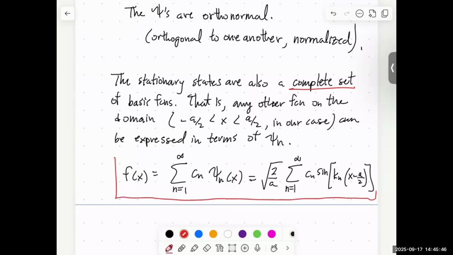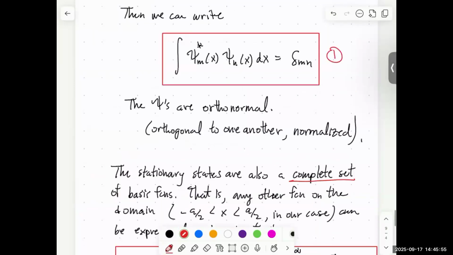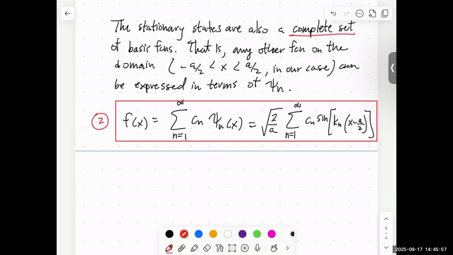I'm going to call this equation 2. I think we have an equation 1 up there, don't we? Yes, I do. Equation 1 is our orthonormal condition.